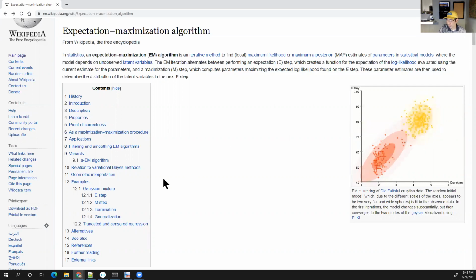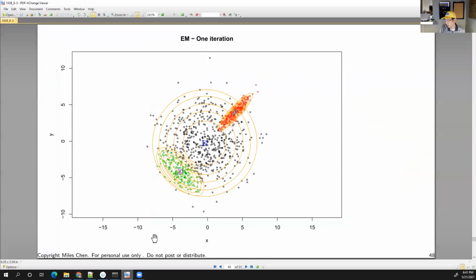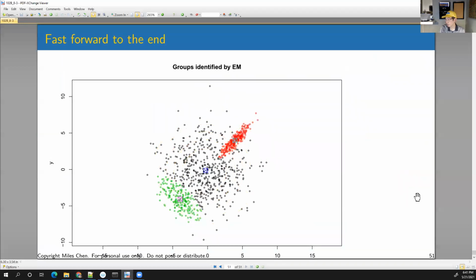We have a question that says, is that why k-means in R runs the algorithm 20 times, to account for random seeds? Yeah, when you run k-means in R, its default behavior is to try several different starting seeds to see the different possibilities that could happen.